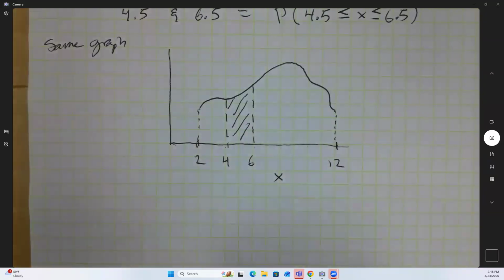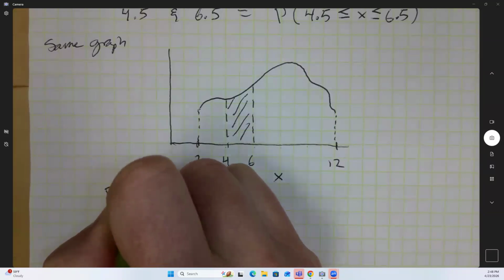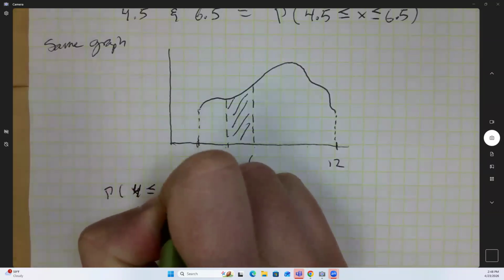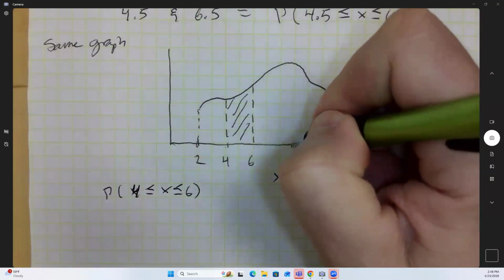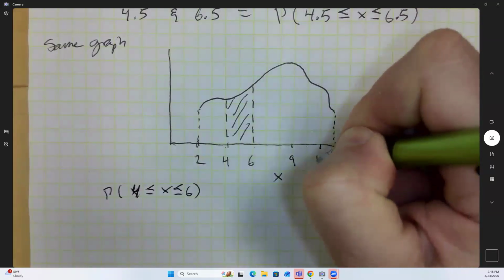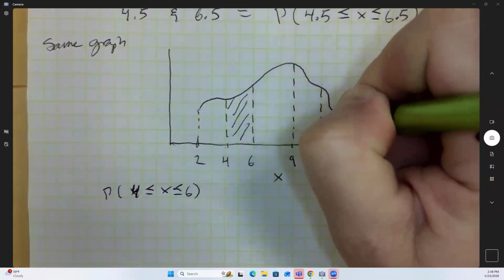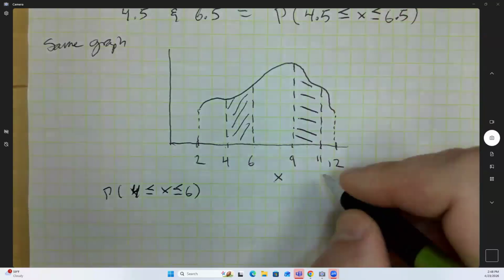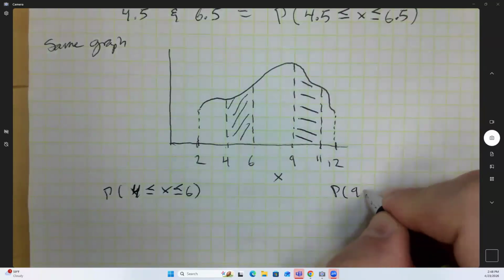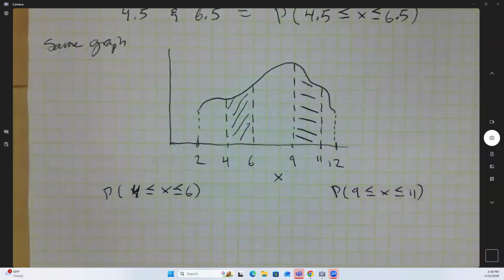So this shaded area is the probability that x is between 4 and 6. Right? And then that would mean that this area is the probability that x is between 9 and 11.